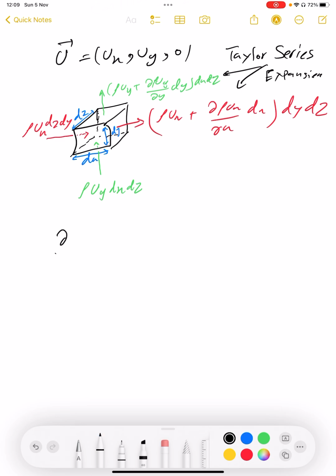So that would be the variation of density in my control volume is equal to minus the integration of n rho u ds over control surface. If I do that, I write things down.